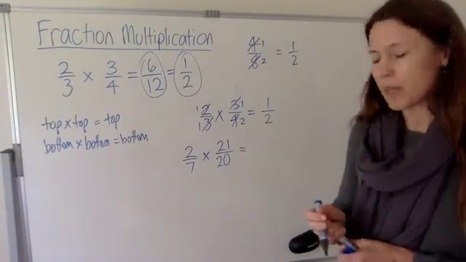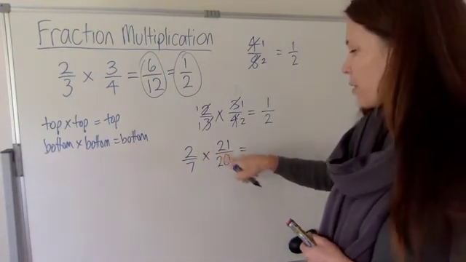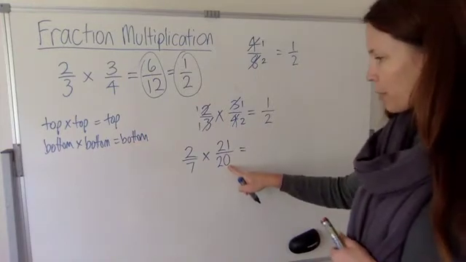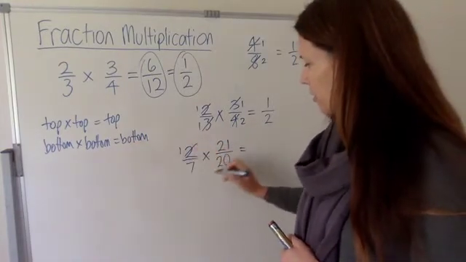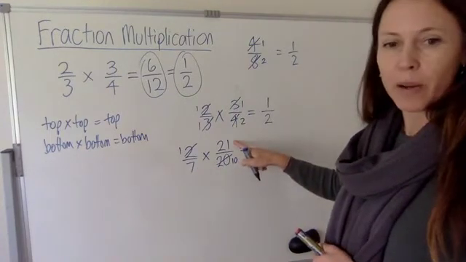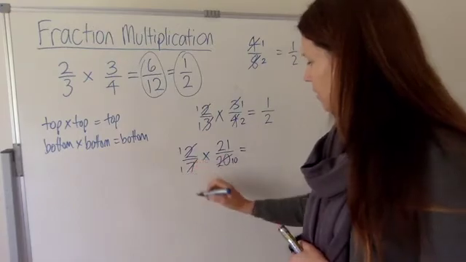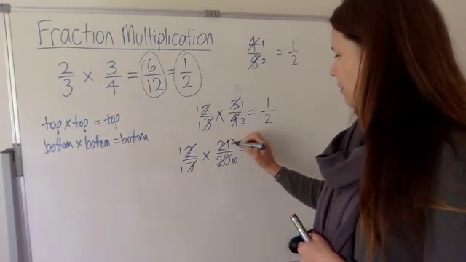Much easier to look for some cancelling first. I've straight away spotted that the 2 and the 20, they're both in the 2 times tables, so I can halve both of them. Divide this one by 2, divide this one by 2. Now the 7 and the 21, they're both in the 7 times tables, so I can divide this one by 7, and I can divide this one by 7.